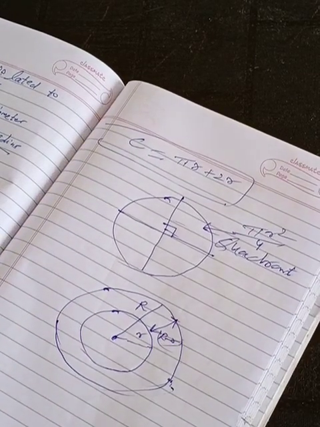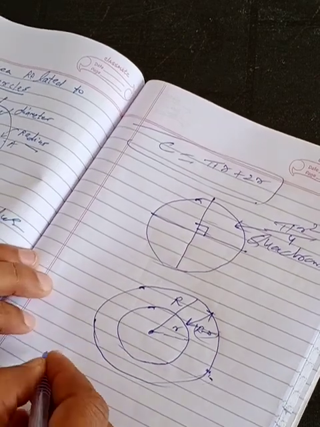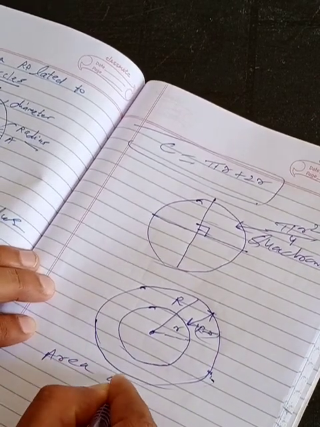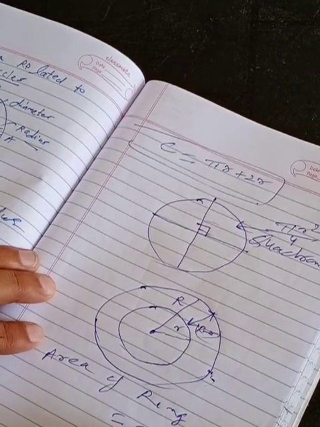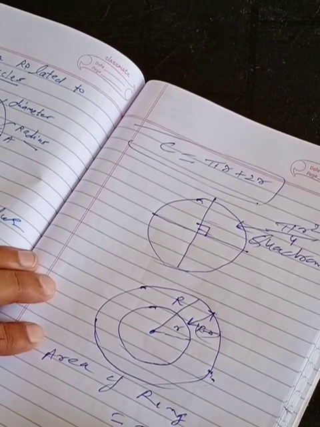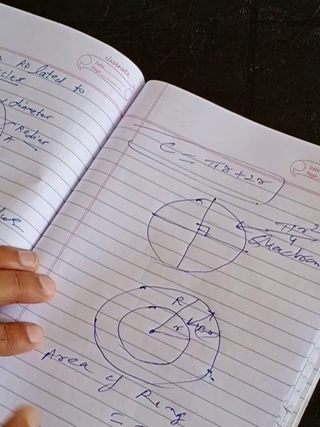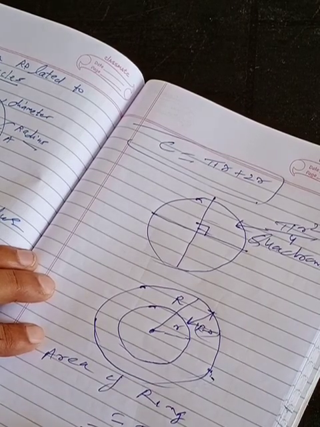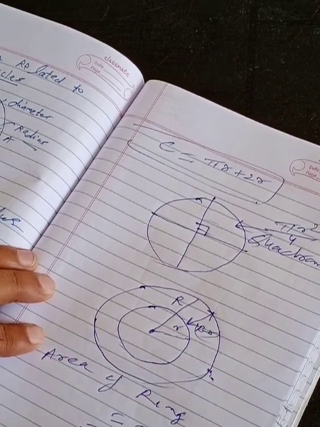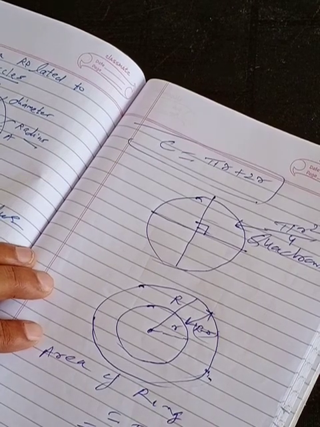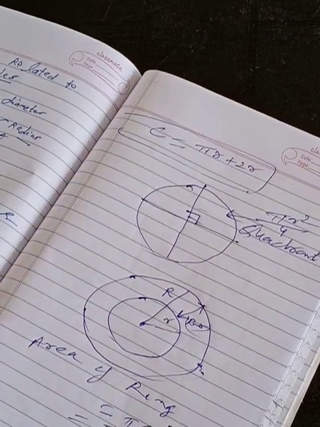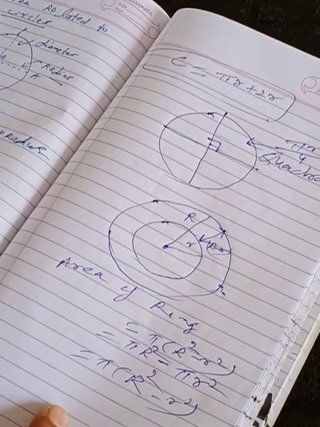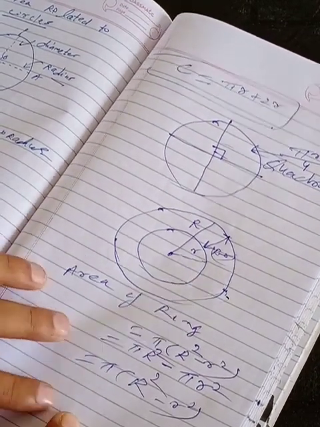First of all, we are finding the area of the ring, so it will be pi R square minus pi r square. How does it come? Pi R square is the outer area minus the inner area, so pi is common, and it will be pi times R square minus r square. This is the required formula, all of you. You have to remember it.